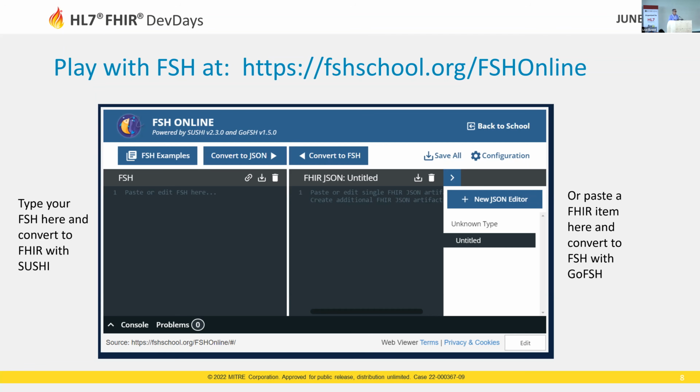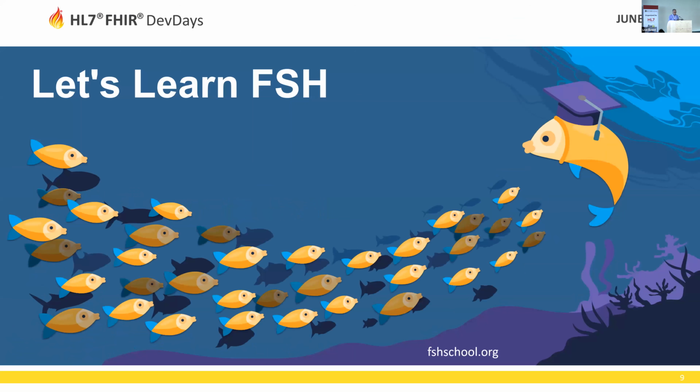So, if you've done some things, you can see, oh, I don't know what this feature would look like in Fish. You can just take that and basically that's the GoFish direction. All right, so I promised you to teach some fish, and let's learn some fish.